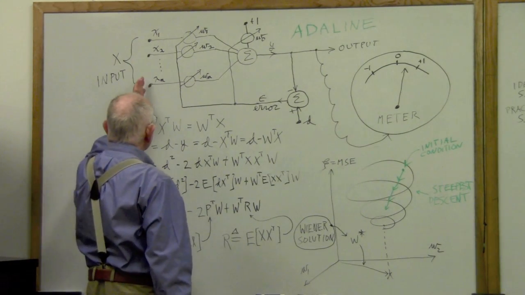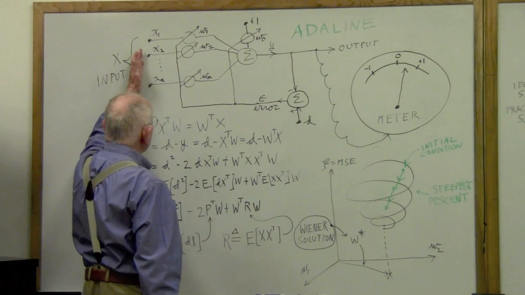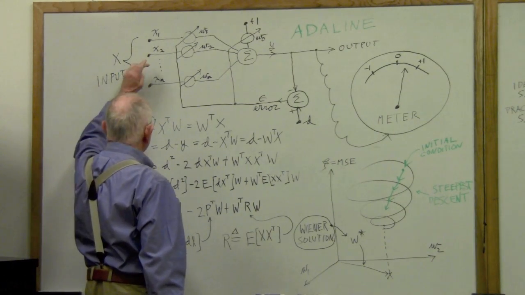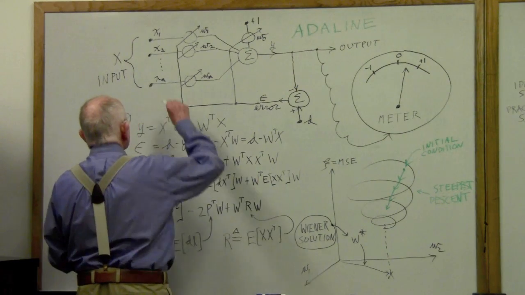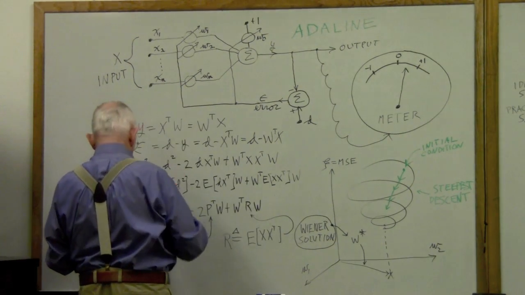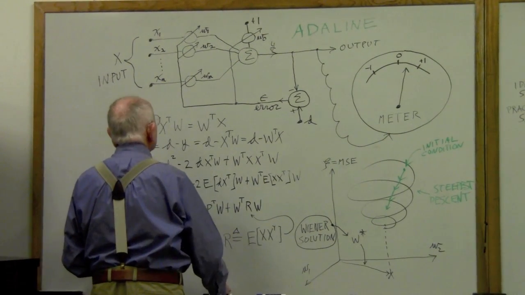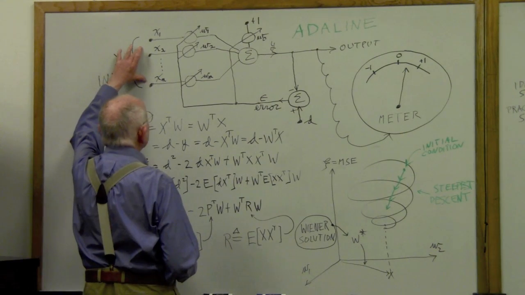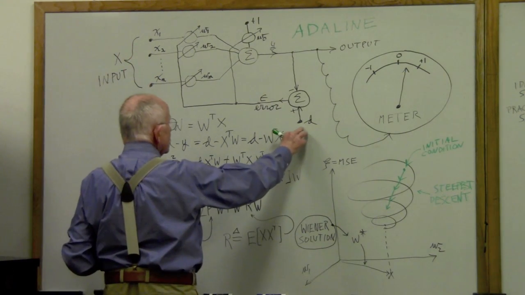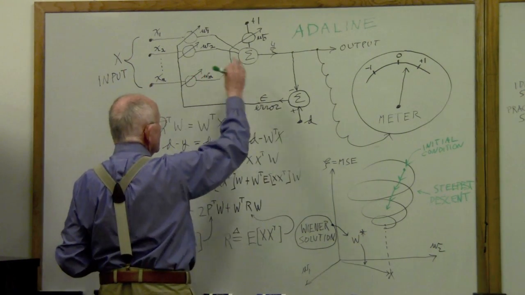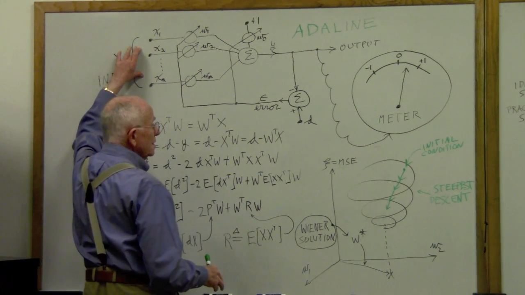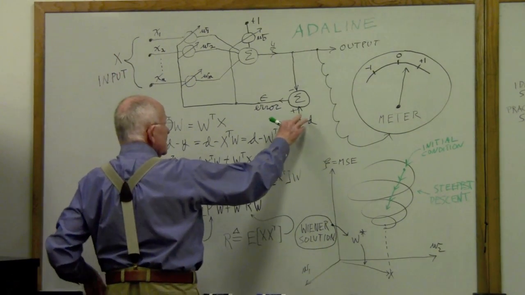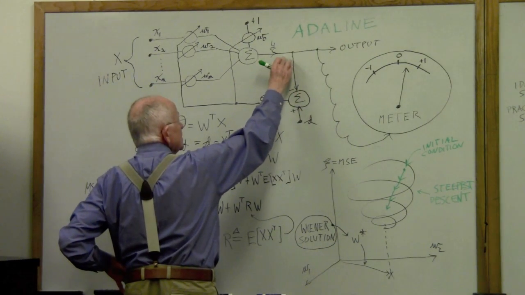When we're training this thing, we feed in a set of input patterns. For each input pattern, there's a desired response. We tell the neuron what we want the output to be for that input. We compare the desired response with the output response.